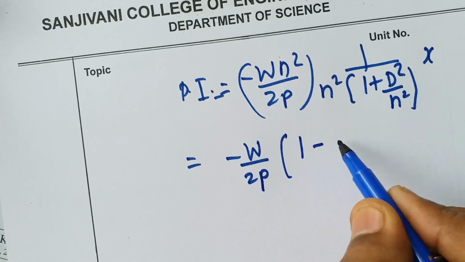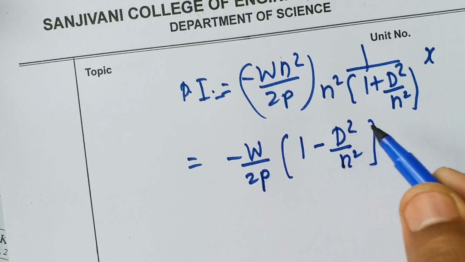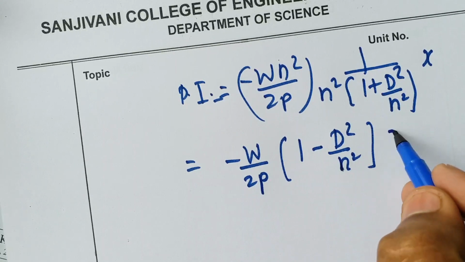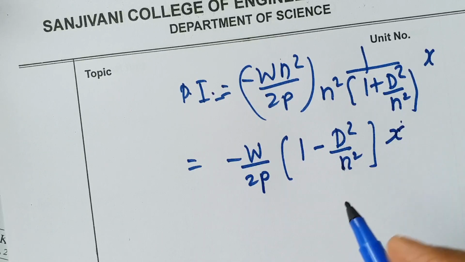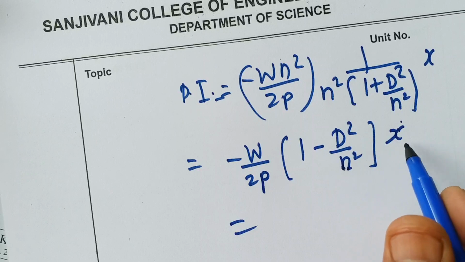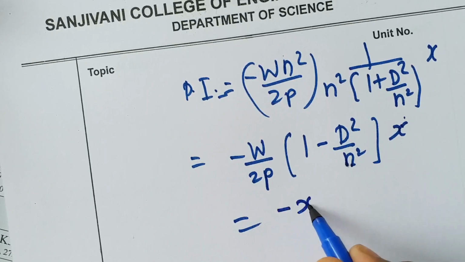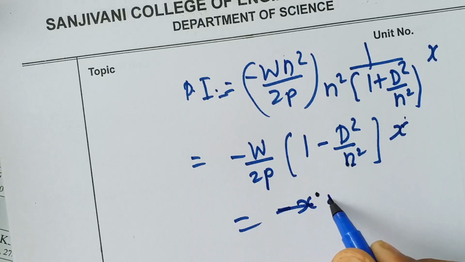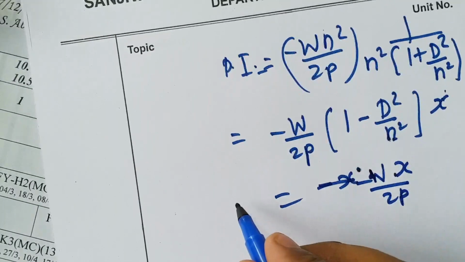Here we will have minus W by 2P. Now the expansion of this is 1 minus D square by n square. Only these two terms of the expansion we write. The next terms will contain higher powers of x, and this term also we don't have to write because the power of x is 1 only. So this value will become 0, the double derivative of this will be 0, and 1 into x will be x. So finally we have minus W x by 2P as the particular integral.